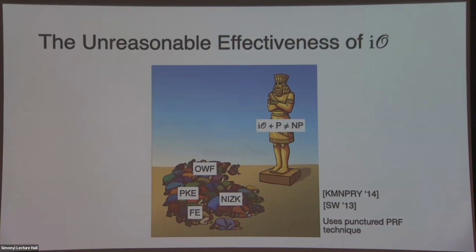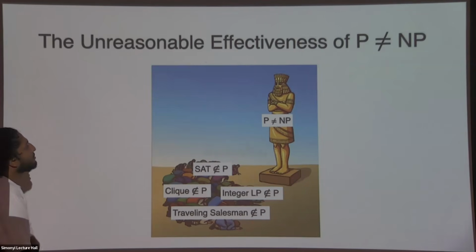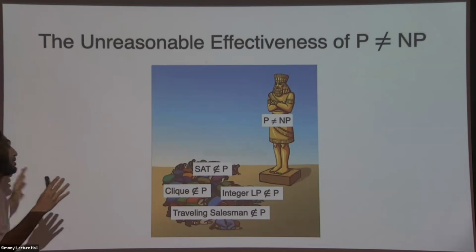Good. Okay. So I claim this is maybe a picture we've seen before. The unreasonable effectiveness of P not equal to NP, right?